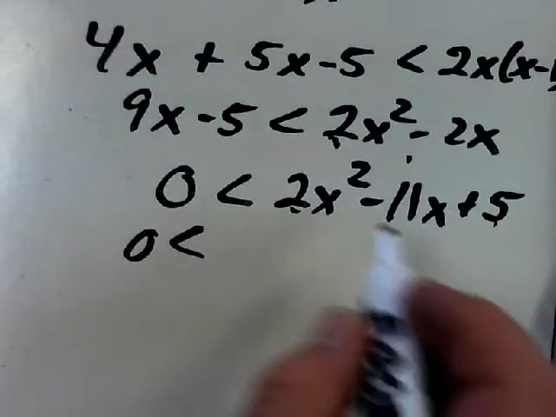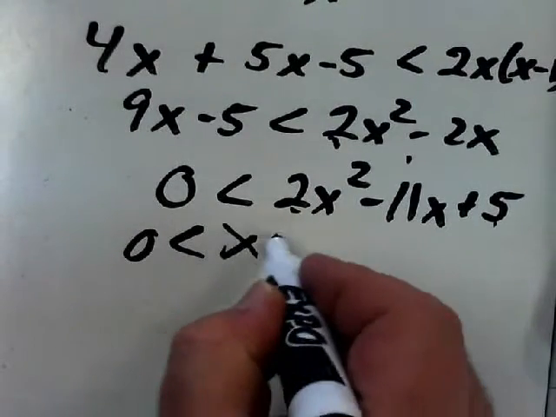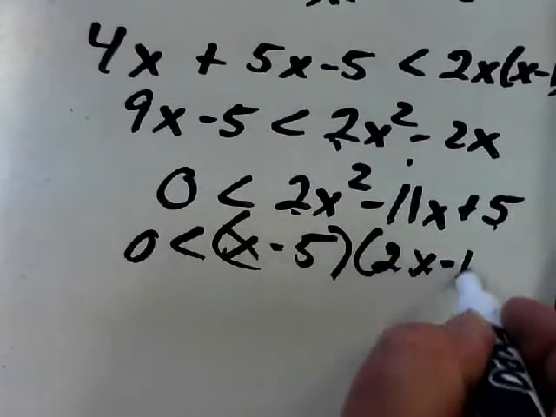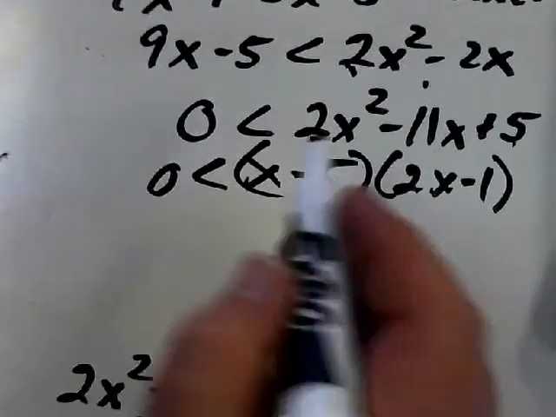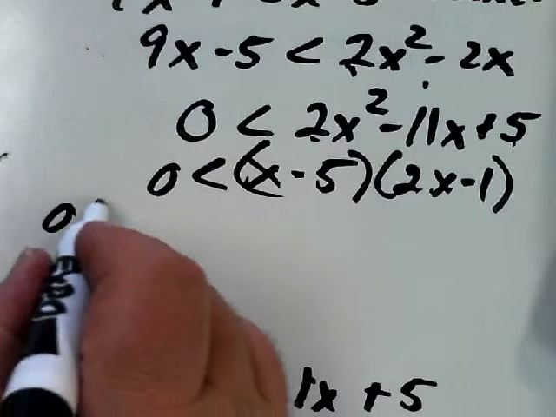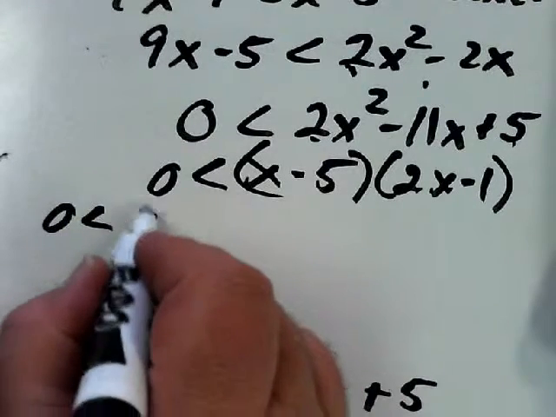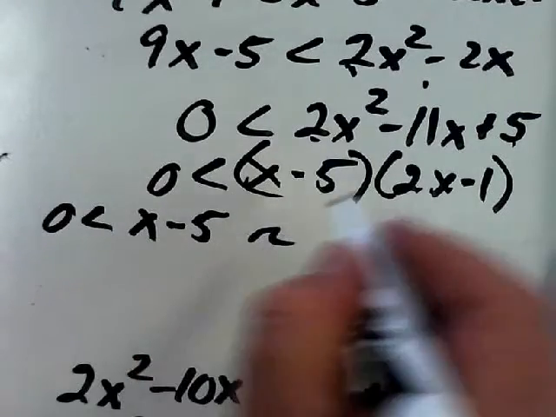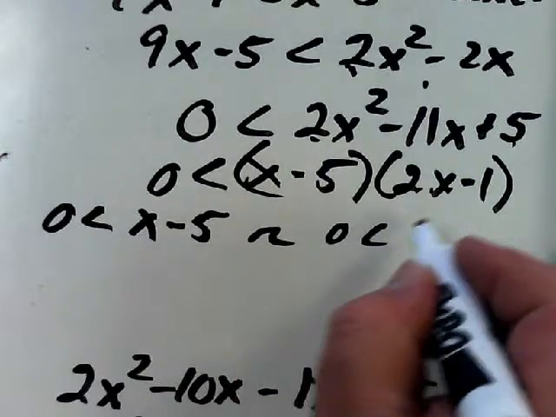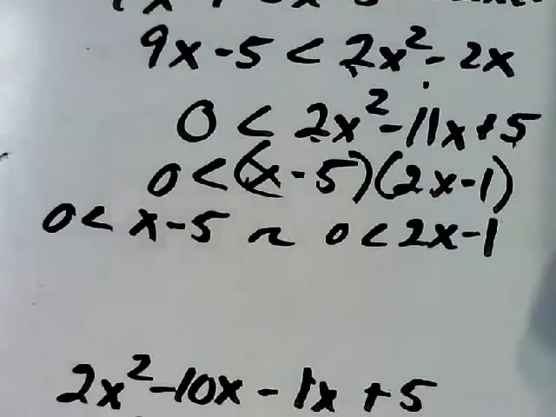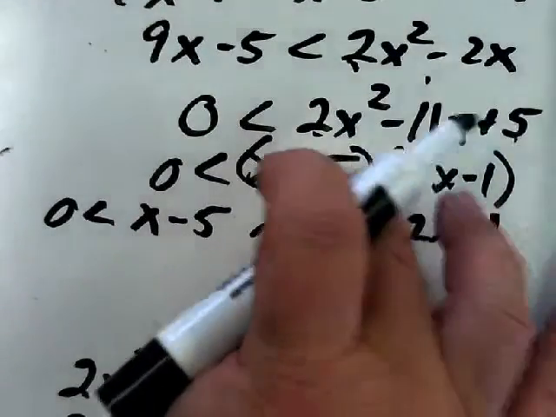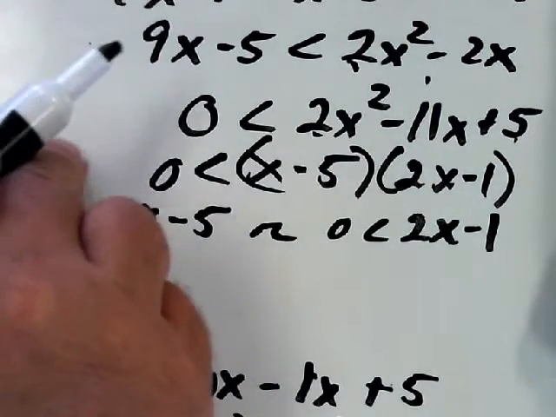So that means up here I have 0 is less than x minus 5, 2x minus 1. So 0 is less than x minus 5, or 0 is less than 2x minus 1. Now why did I use an or this time? Because usually we have this stuff over on the left hand side.